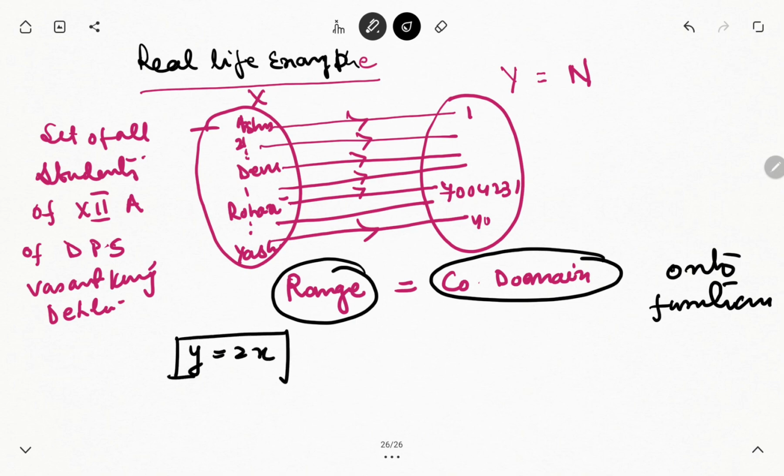It is a given function, and the function is given from the set of real numbers to the set of real numbers. Now let's draw y equal to 2x. Now how to find out what the domain, the codomain, and the range of the function are? That's very important. The codomain and the domain are given here, but how to check the range?